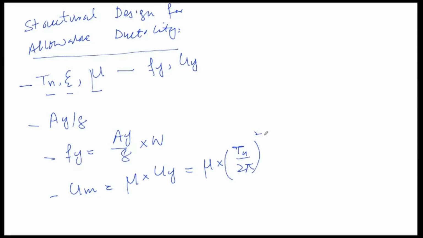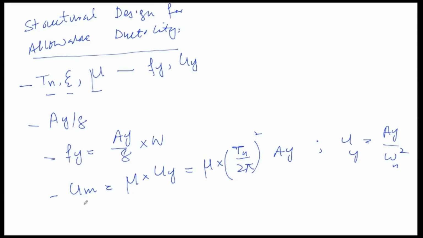So it's the reciprocal of omega n square into Ay. Okay, because we know that uy is equal to Ay divided by omega n square. So you can write that equation. If you know the natural vibration period, you can obtain the peak deformation of the single degree of freedom system.